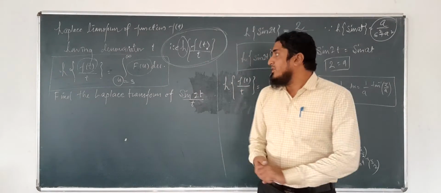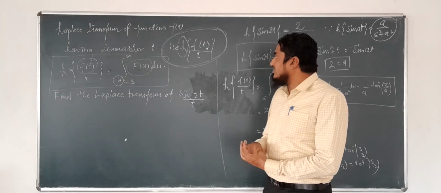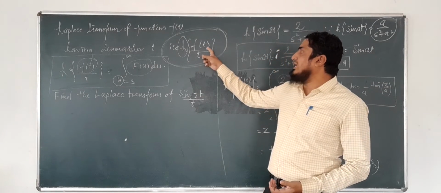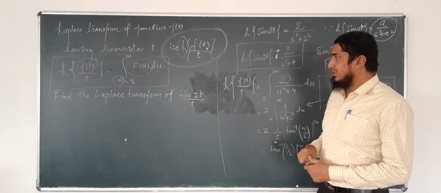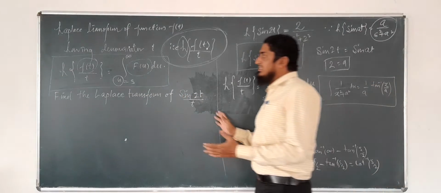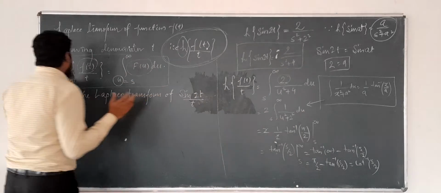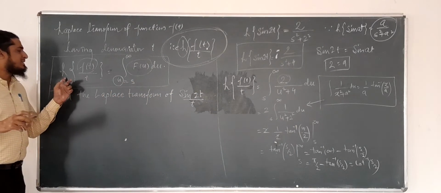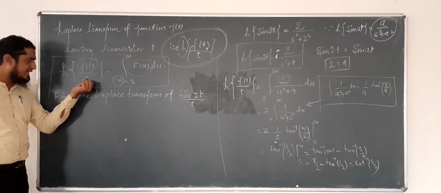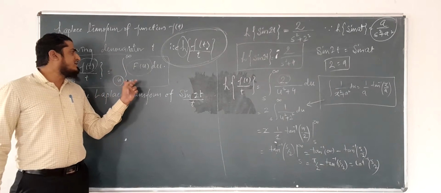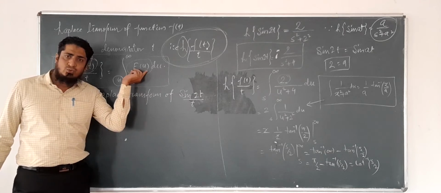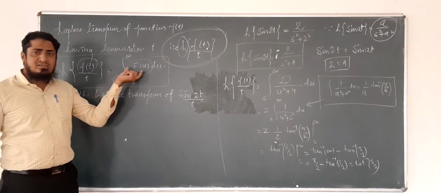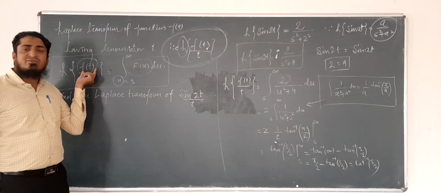First of all, we have an example f of t equals sin 2t upon t. And the theorem of Laplace transform says the Laplace transform of f of t upon t is equal to integration from s to infinity of F of u du, where F of u is the Laplace transform of small f of t.